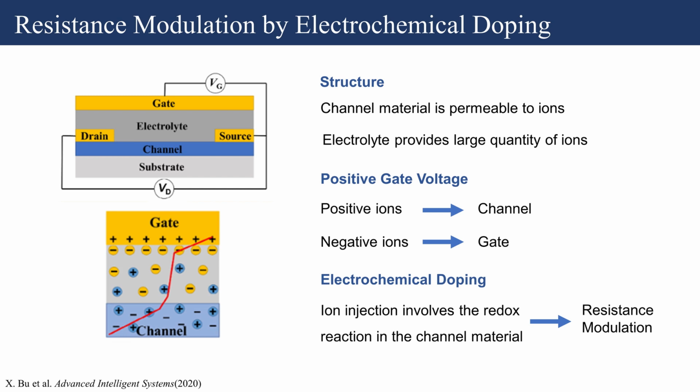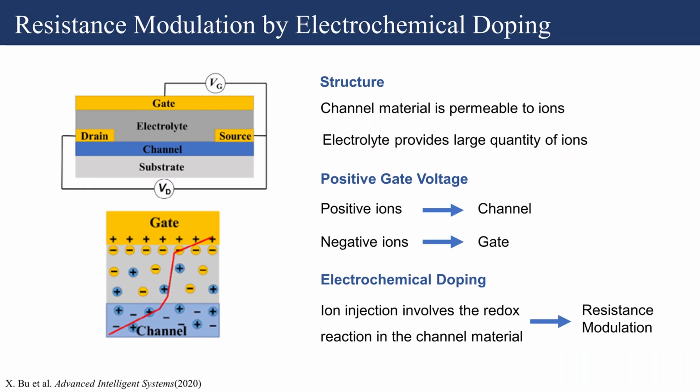If we talk about electrochemical field effect transistors applied for synaptic or neuromorphic applications, they typically use liquid-based electrolyte or solid-based electrolyte. Some people use ionic liquid, meaning a type of liquid with a lot of positive and negative ions.